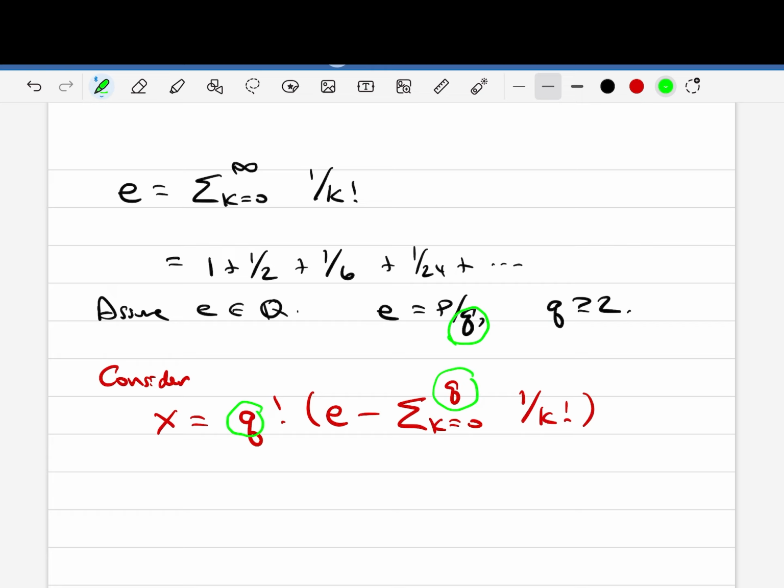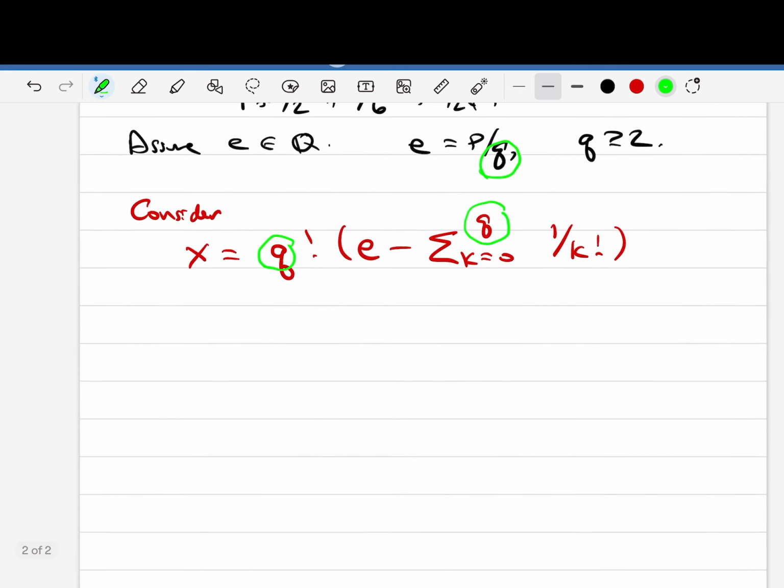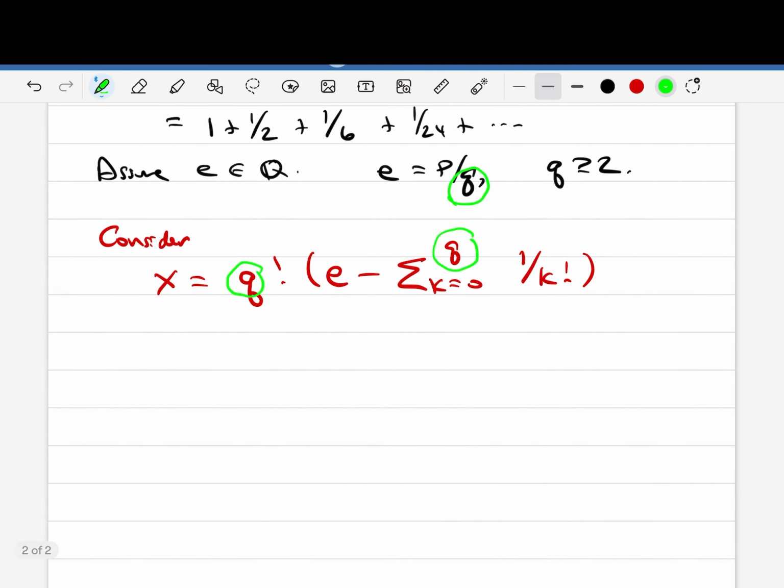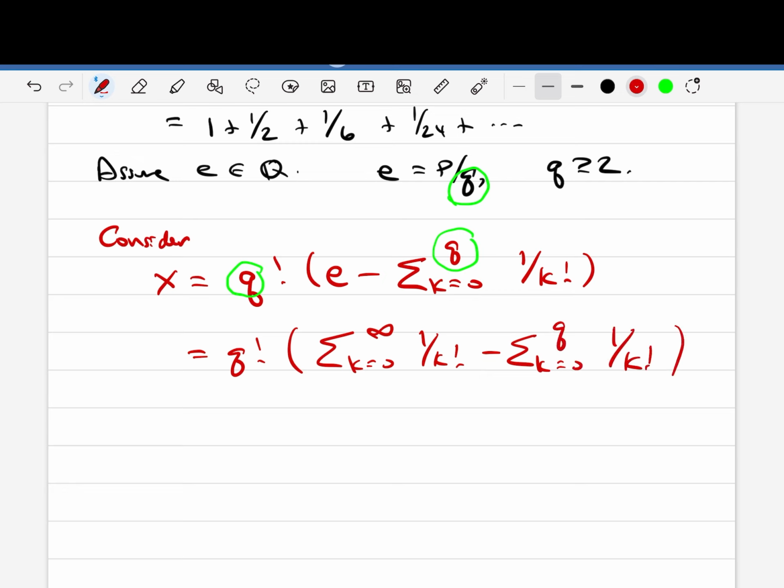All right. So remember, if e is rational and we can write e equals p over q, then absolutely we can write down this formula for x. Another useful fact is that because e has the infinite sum expansion, we can write this, and notice I have two sums with the same summand but different limits.